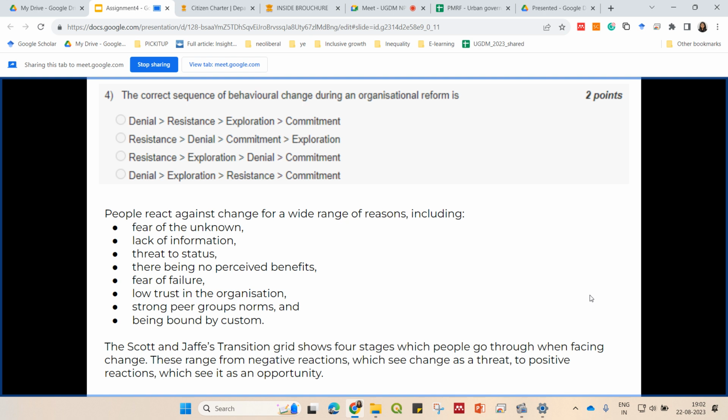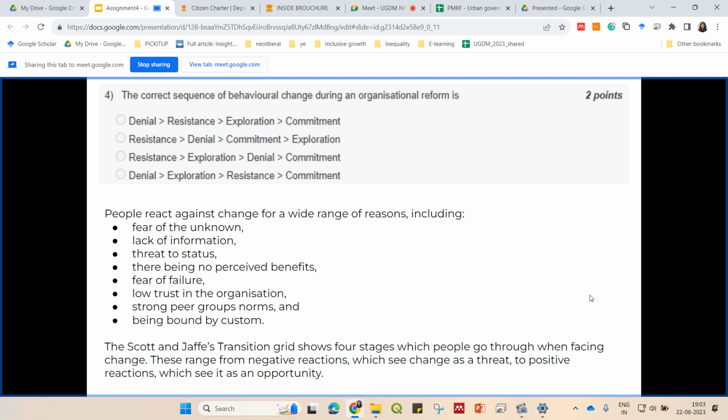They believe that is best for the organization and their well-being, and they do not want to change that. So these are just some things which can make people react against a change, or not want the change to occur in their organization.